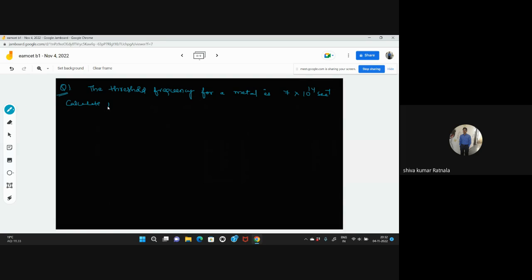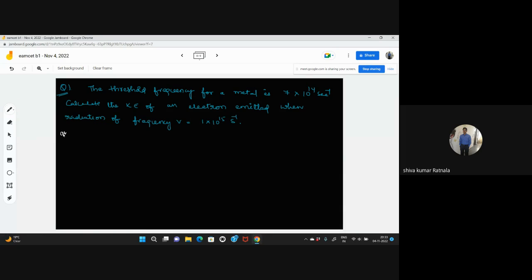Calculate the kinetic energy of an electron emitted when radiation of frequency nu equal to 1 into 10 to the power of 15 second inverse.